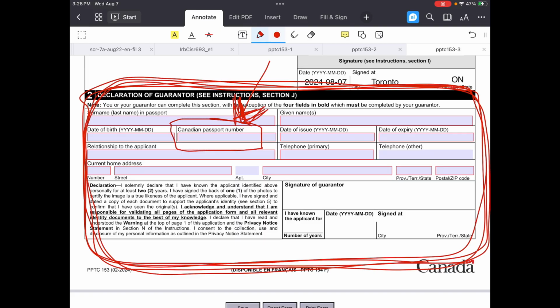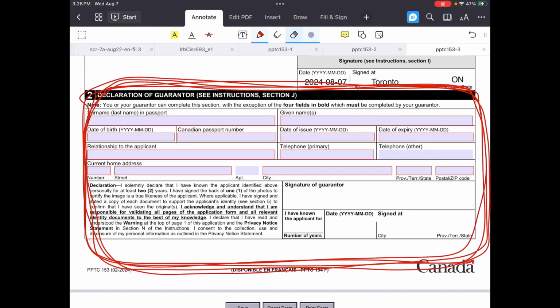They must have a Canadian passport, and they must include their passport number in this application, as well as the date their passport was issued, as well as the date of expiry of their passport.